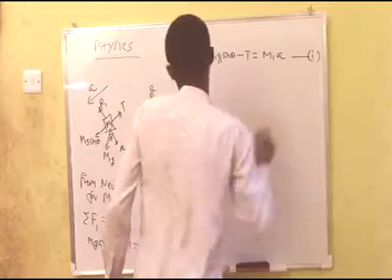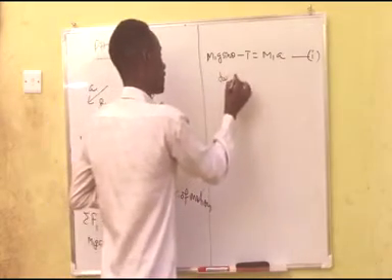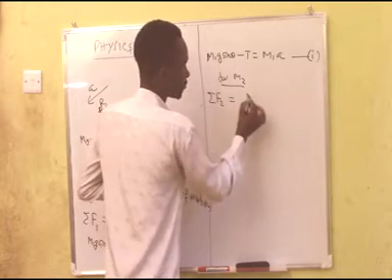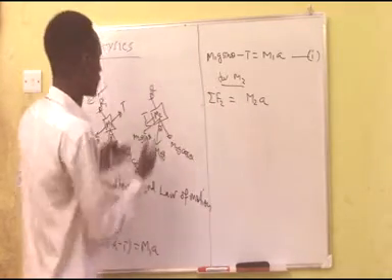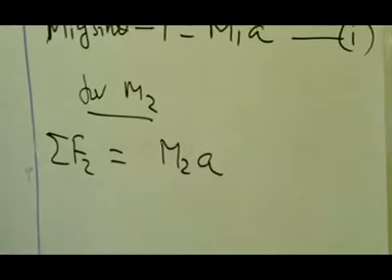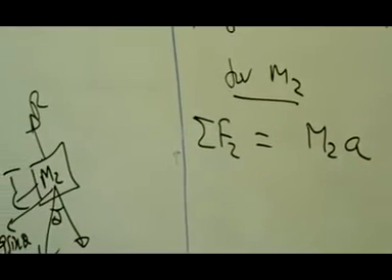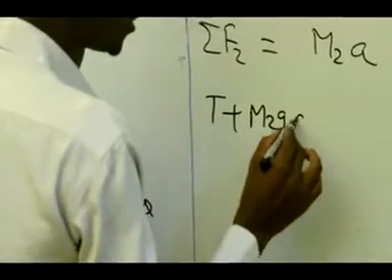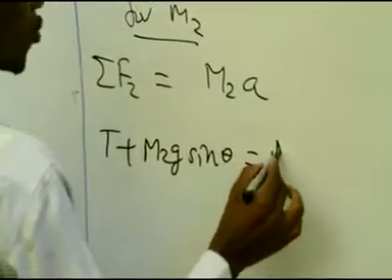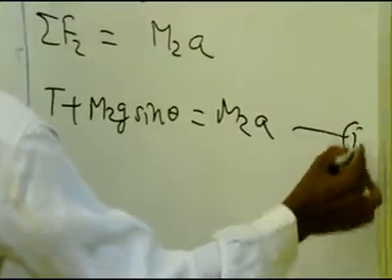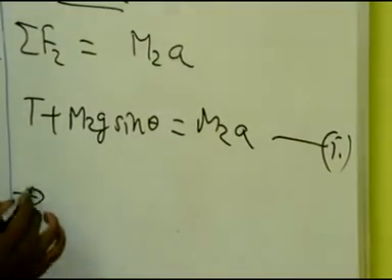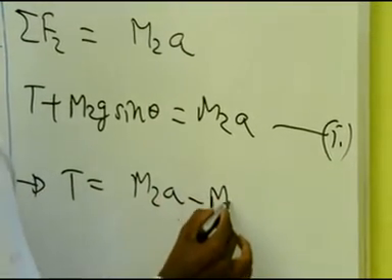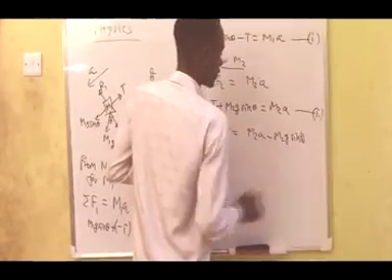Also for mass 2, the net force acting on mass 2 is equal to mass 2 times acceleration. The forces acting in the direction of the motion are tension T and m2g sine theta, which is tension plus m2g sine of theta equals m2 times A. Now make T the subject. This implies that tension T equals m2 times A minus m2g sine of theta.